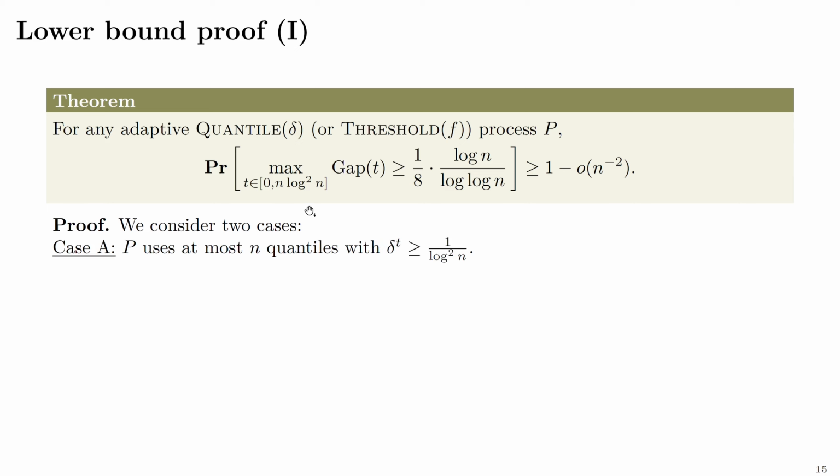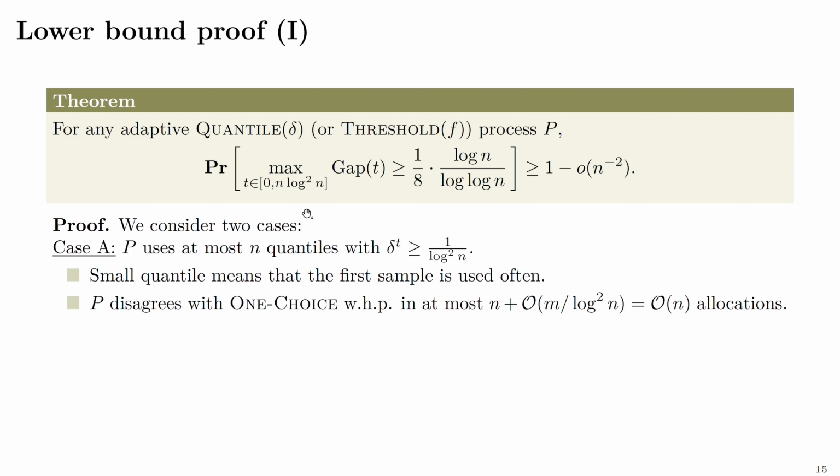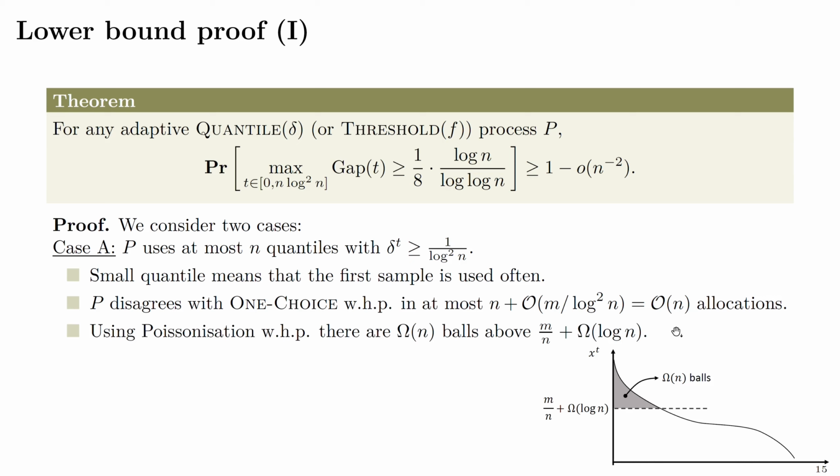The first one is that the process uses at most n large quantiles. So in this case, it means that we're using mostly small quantiles, and in turn this means that the first sample is used often. And in particular, if we pick this lower bound to be 1 over log squared n, then the process disagrees with one-choice in at most linear allocations.